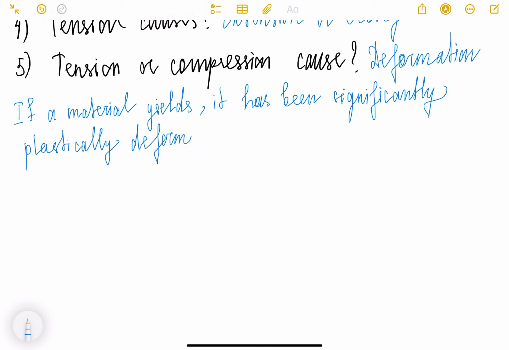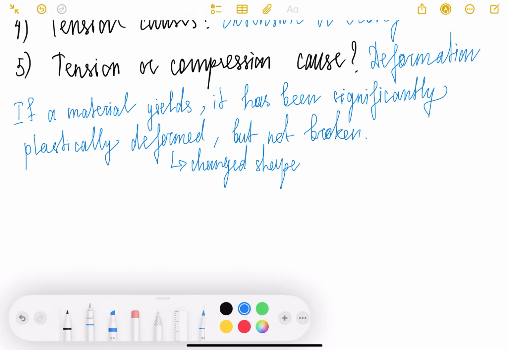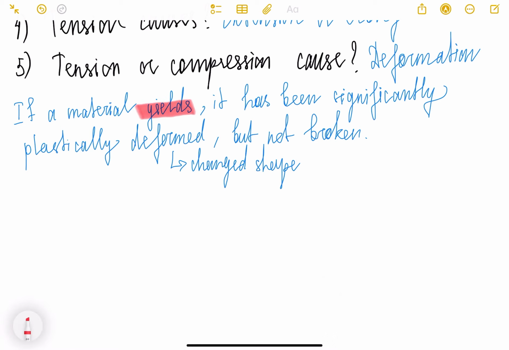Deformed means changed shape, but not broken. I really have to remember this. If a material yields, it has been significantly plastically deformed, but not broken. Okay.